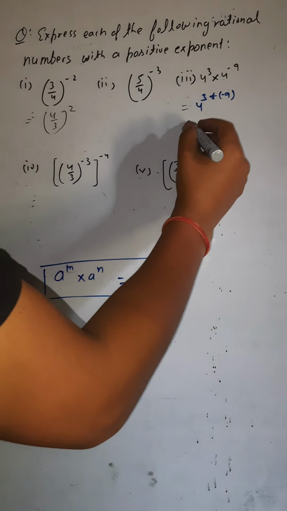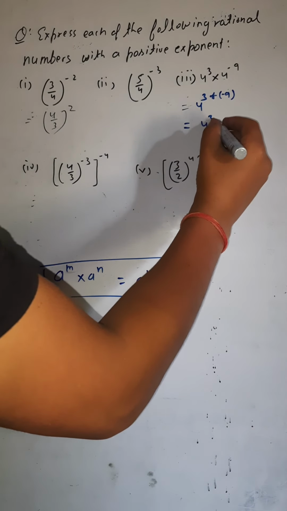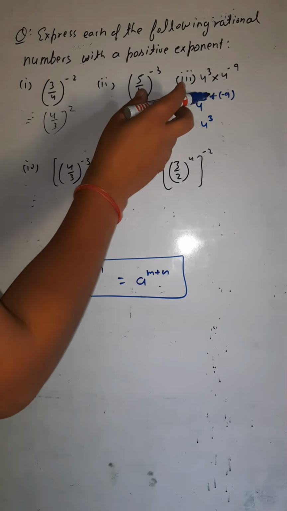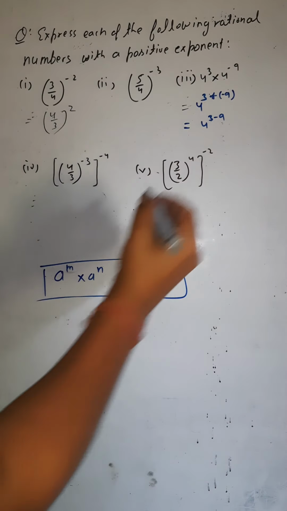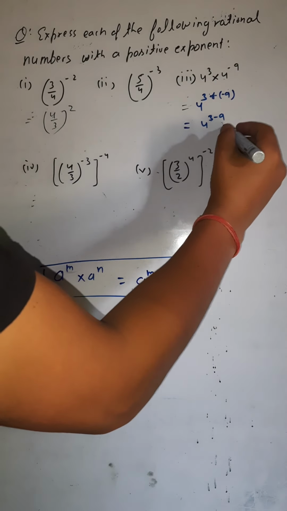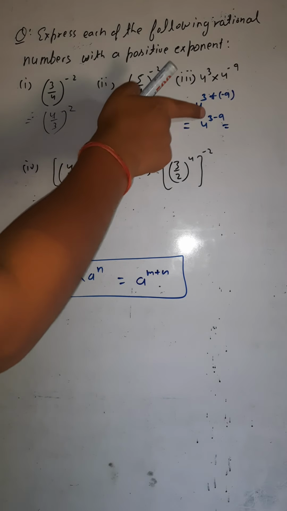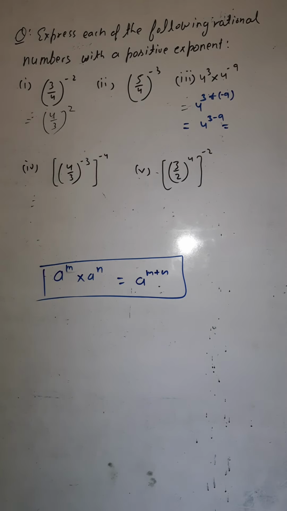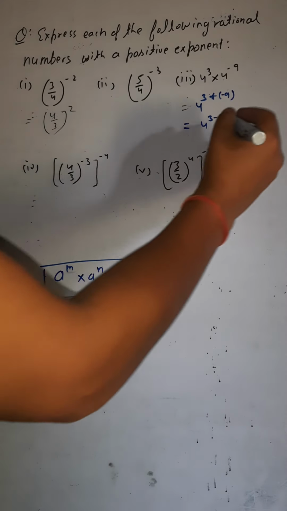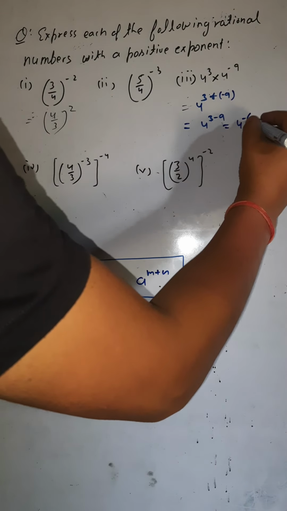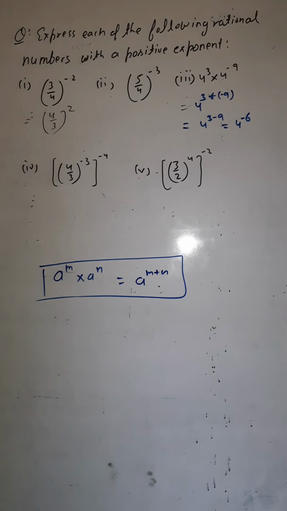And this again can be written as 4 raised to the power 3 plus into minus, which would become minus 9. Getting this? Now again you can write this as 4 raised to the power 3 minus 9, which is how much? Yes, it is minus 6. So it has become 4 raised to the power minus 6.